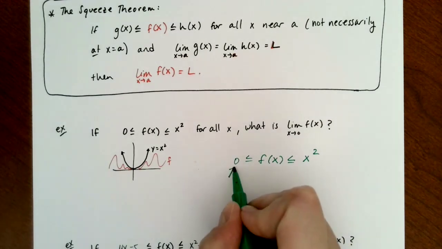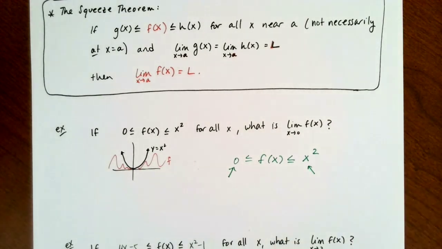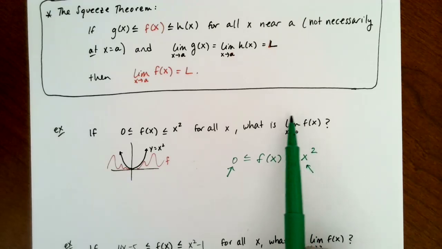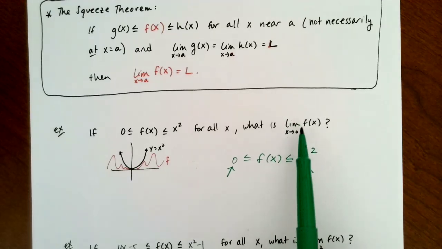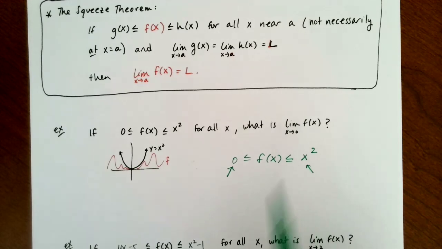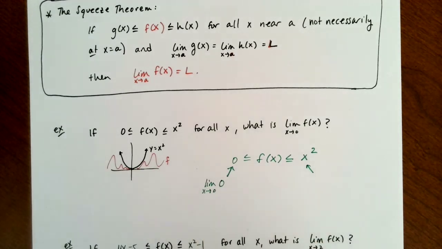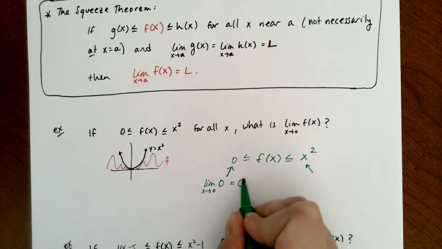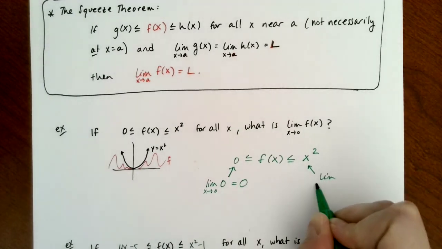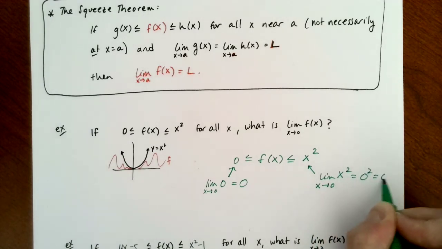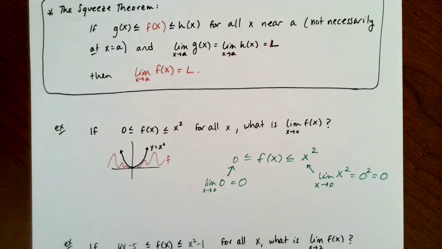For the far left and far right functions, I want to compute the limit as x approaches 0 because that's the limit I'm being asked for in the problem. The limit as x approaches 0 of the 0 function is of course just 0. And the limit as x approaches 0 of x squared, we can just plug in 0 and we also get 0.